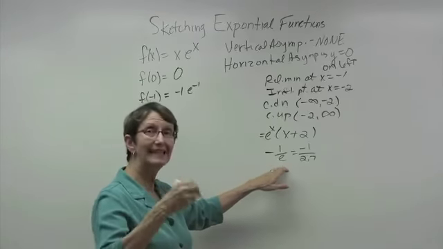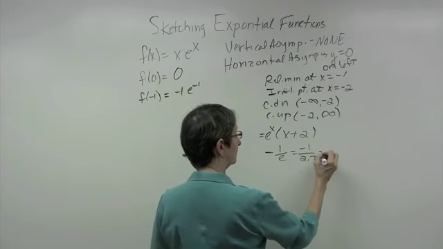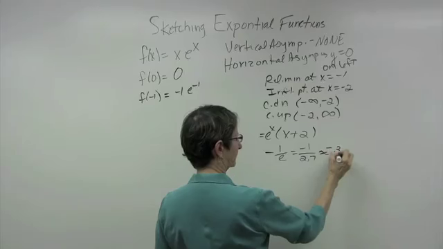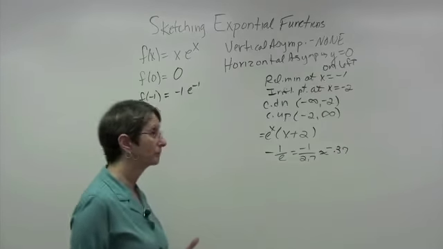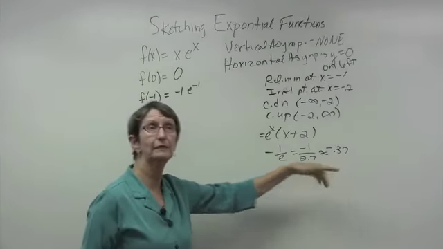Put in e to the first, so you'll be much more accurate. And this number turns out to be approximately -0.37. I usually estimate it about a third, but it's actually 0.37 instead of 0.33. So this is approximately -0.37.